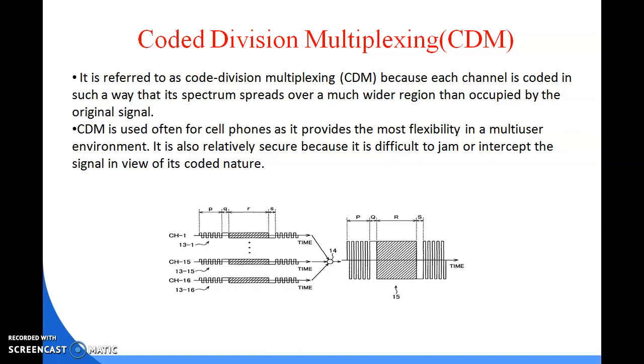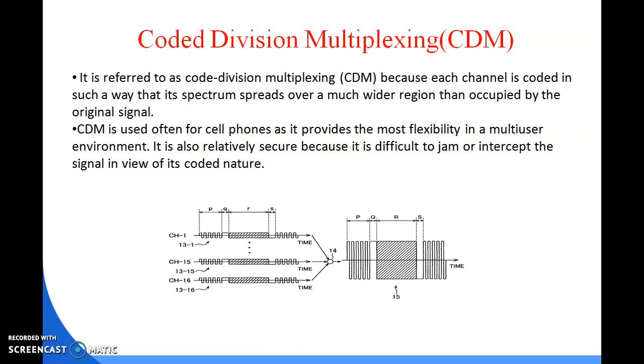This is a channel method used by various radio communication technologies, and CDMA, code division multiple access, is an example of multiple access where several transmitters can send information simultaneously over a single communication channel.